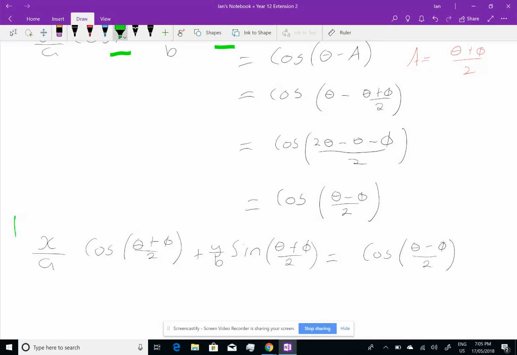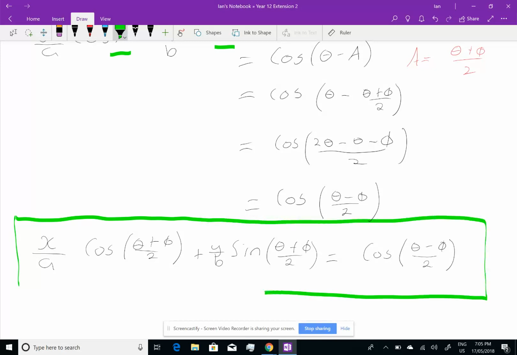And that is the equation of the chord to the ellipse.